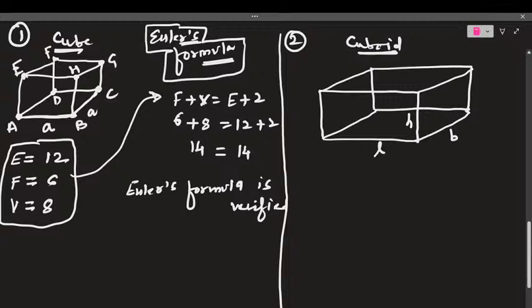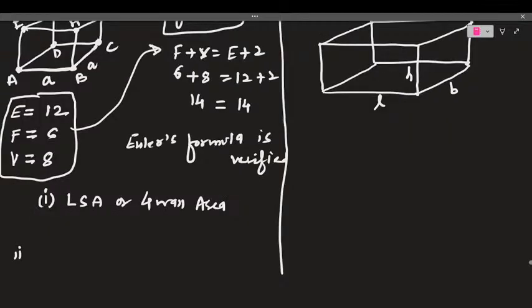The first parameter is lateral surface area or four-wall area. Second parameter is total surface area. Third parameter is volume. And fourth parameter is body diagonal. These are four parameters associated with both figures, that means cube and cuboid.